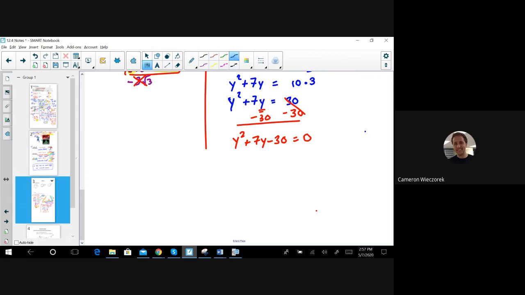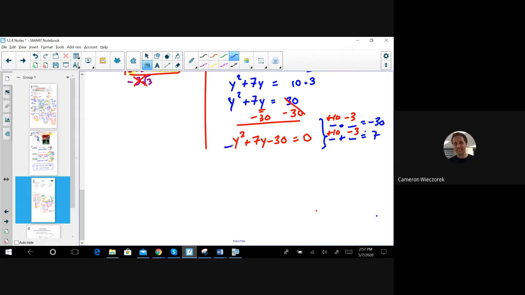The numbers are not very big, so I am going to try to factor it. What multiplies to negative 30? And what adds up to the middle term, which is 7? So what magic numbers are going to make that work? If the product is negative, I know one of them's positive, one of them's negative. 10 and 3. 10 times negative 3 would be negative 30. 10 plus a negative 3 would be positive 7.